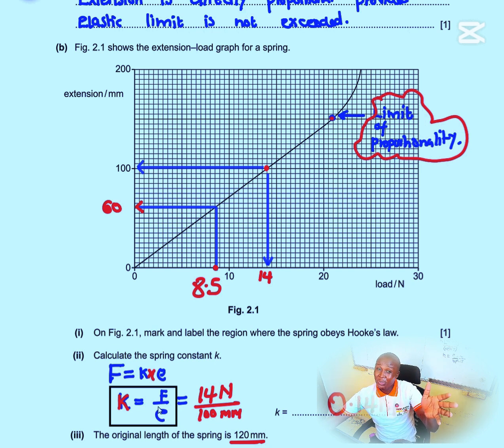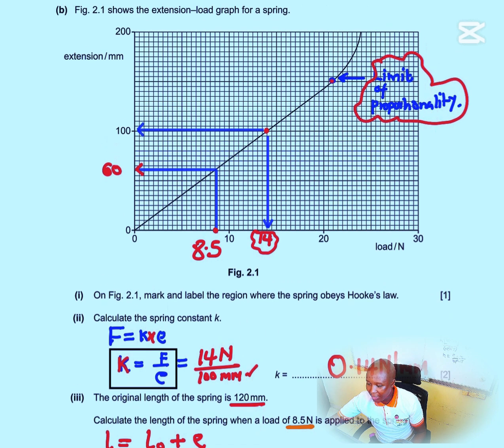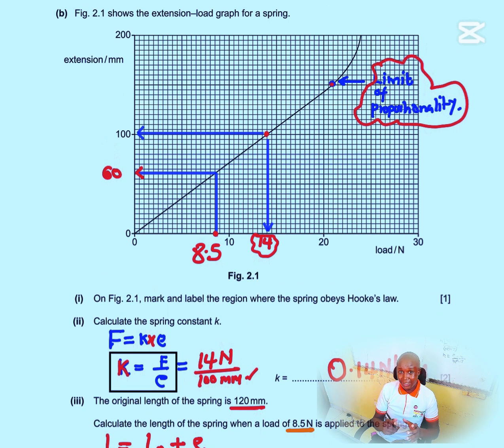You go to the straight part of the graph, then you can read the extension being 100 millimeters, and you read the force, or the load, which is 14 newtons. If you work it out, you are going to get 0.14 newton per millimeter.